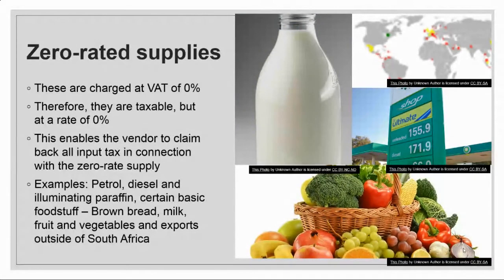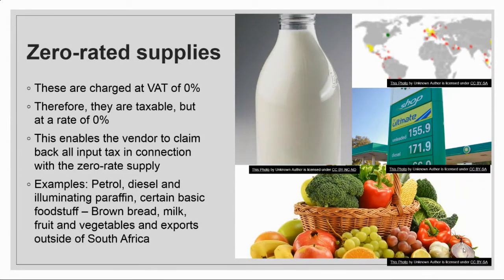So this petrol refers to your motor vehicles or delivery vehicles, more your land and sea type of petrol and diesel consumption, as opposed to your flight. Then your basic foodstuff like brown bread, milk, fresh fruits and vegetables. Then pilchards that are tinned are also zero rated. However, tuna that is in a tin is standard rated.